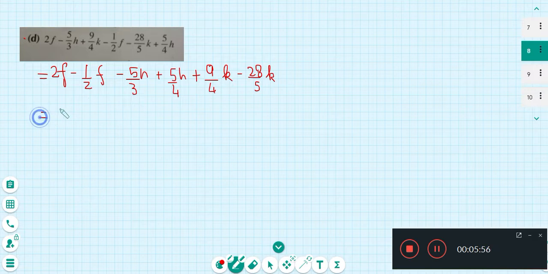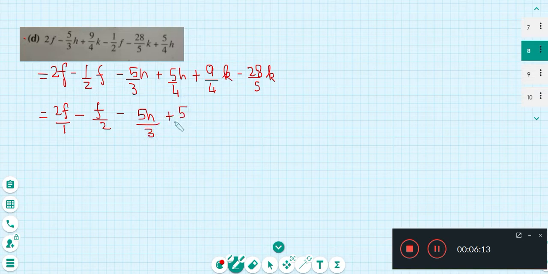So we can write 2f as 2f over 1 minus f over 2, minus 5h over 3 plus 5h over 4.